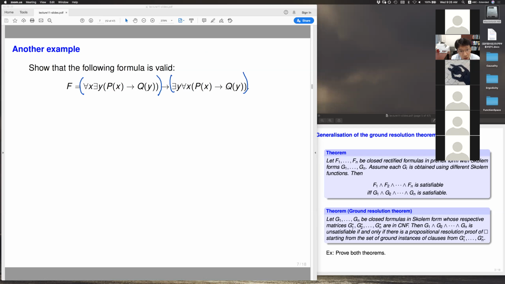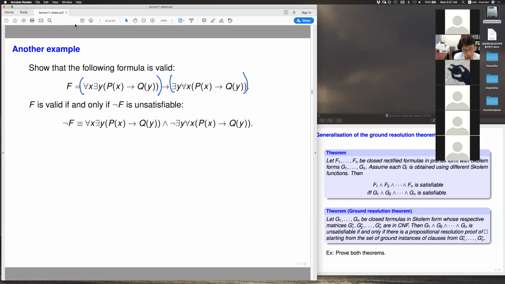In general, if P and Q involve both x and y, this is not true. Okay, this is true because the left-hand side of the implication only talks about x, the right-hand side of the implication only talks about y. So it's true because of a very special condition on the variables. But we want to prove that it is valid using all the technologies that we learned so far.